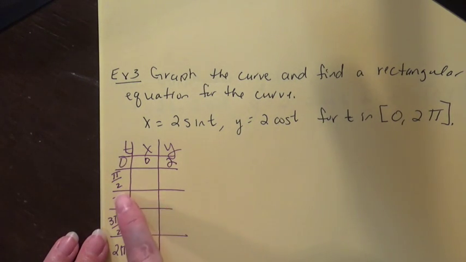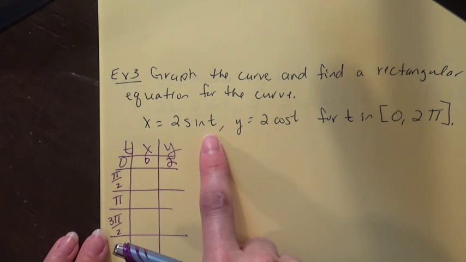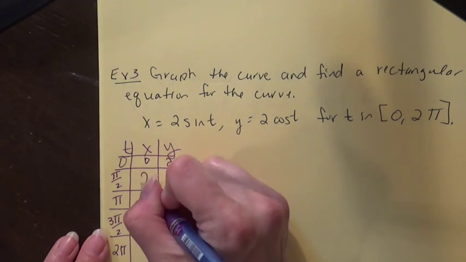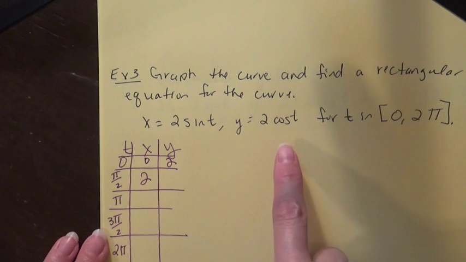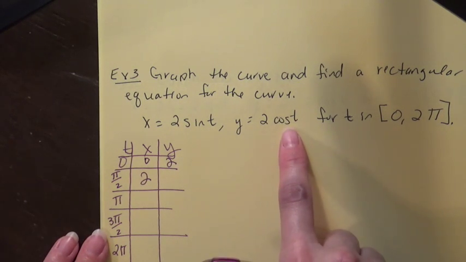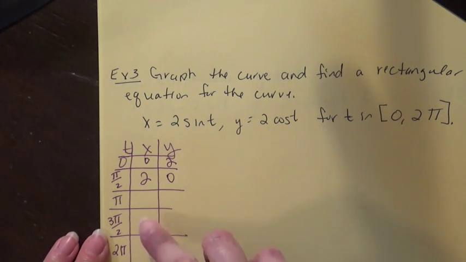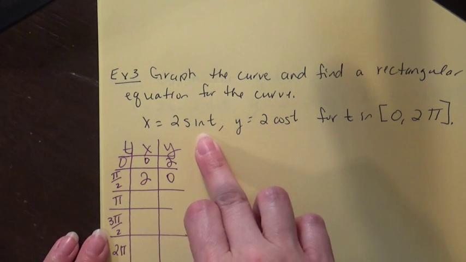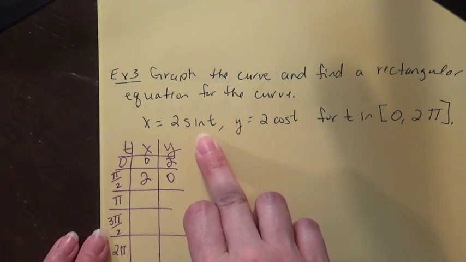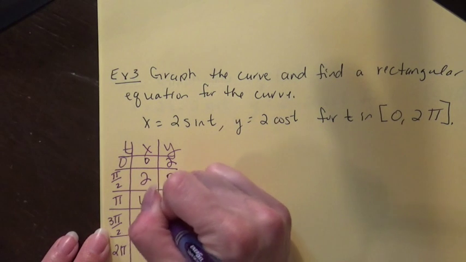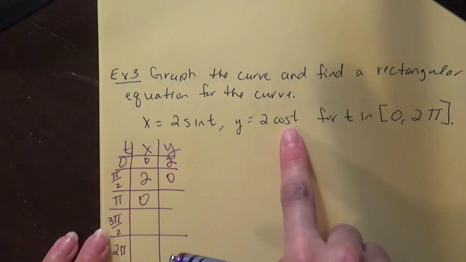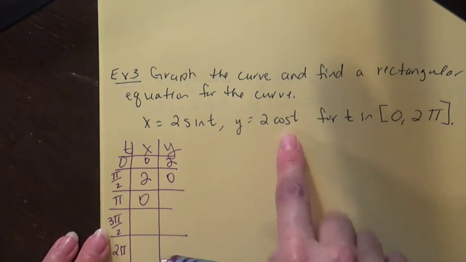Alright, if I put in pi over 2 for t, sine of pi over 2 is going to be 1, multiply by 2, I get 2. And put in pi over 2 for cosine. Cosine pi over 2 is 0, multiply by 2, I get 0. Putting in pi into the x function will give me 0. Putting pi into my y function will give me negative 2.